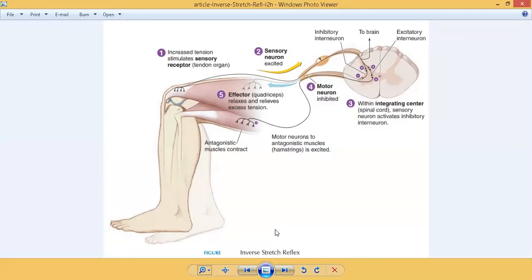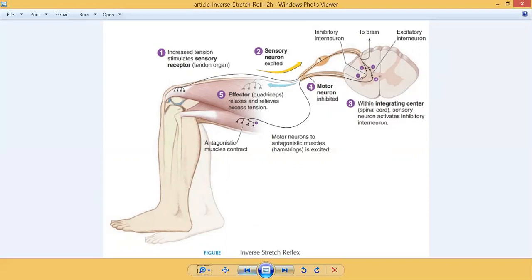There is no connector neuron in between the two. The knee jerk is an example of this type of reflex, and it can be stimulated by stretching the tendon across the joint.